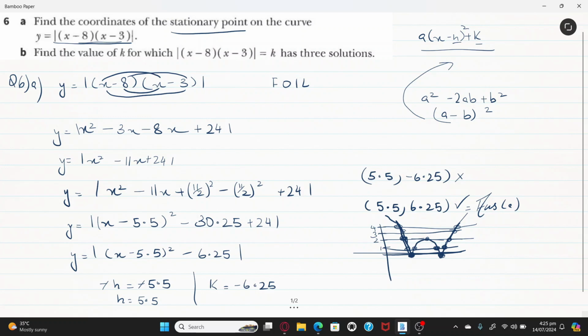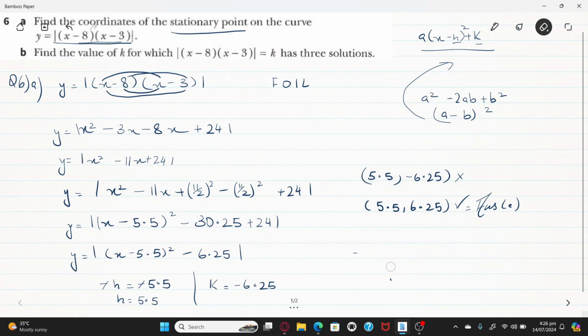That case is going to come when our line passes through the maximum y value, just right through the edge. So if the maximum y value for this graph is 6.25, and we make a line through this value, we are going to get 3 solutions. So we can say that k is equal to 6.25.